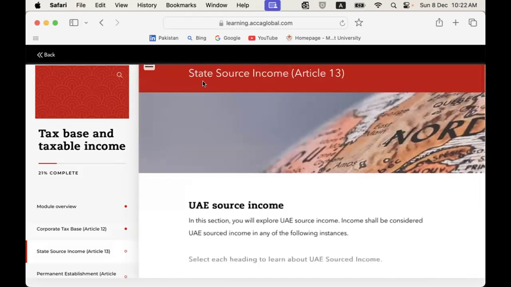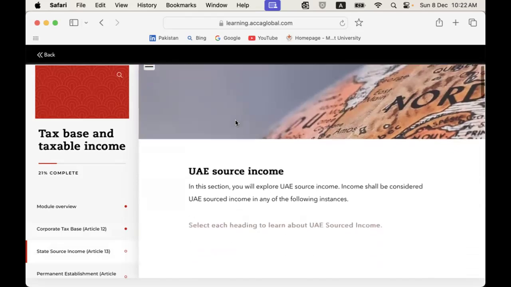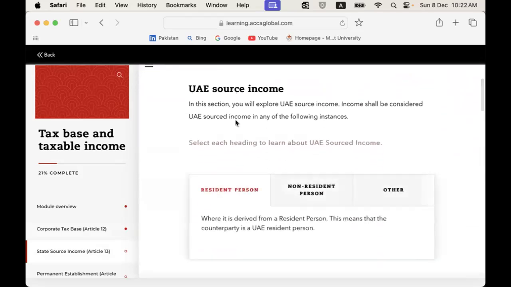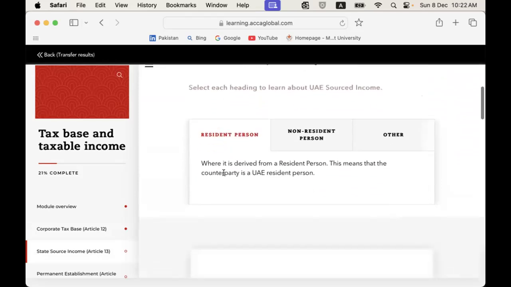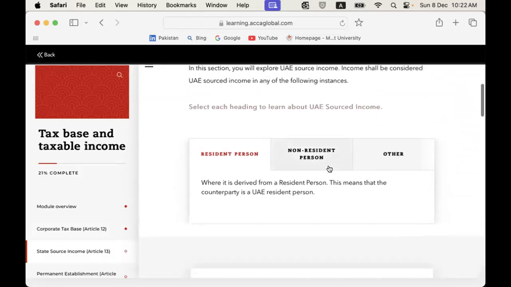Again, source income is in Article 13; we sometimes call it UAE source income also. We're going to look at Article 13, UAE source income, in this section. Let us have a look at it. Resident person: where income is derived from a resident person, it becomes UAE source income. Very interesting.